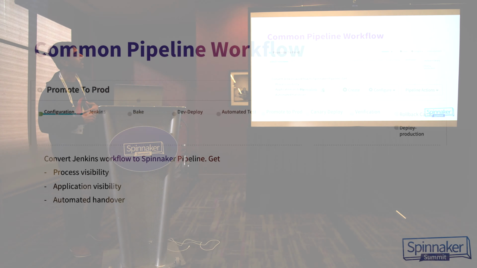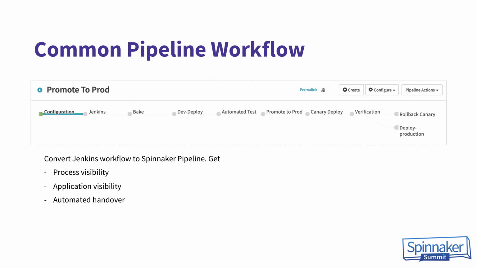And so in a common workflow here, typically for Kubernetes or AWS, the dev deploy after the bake stage would use the native libraries of Spinnaker to go deploy to the cloud environments. But here, now that we are using the deployment as Jenkins, that would again be a Jenkins job that we would run. Right? So after the build is done, you would just call a script that would run it.